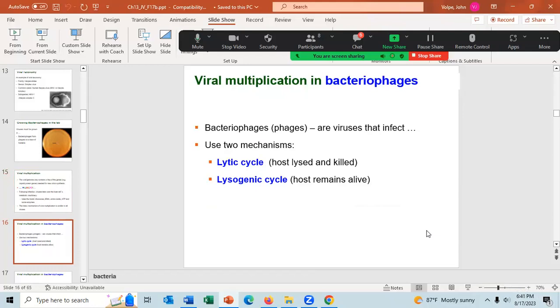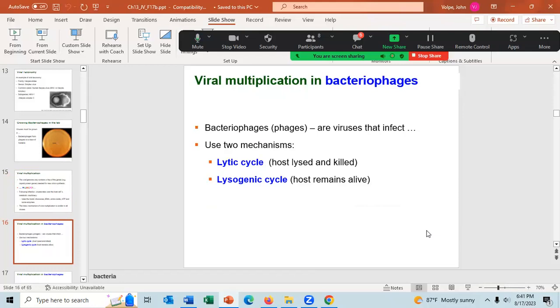In bacteria, bacteriophages can replicate in two life cycles, the lytic life cycle and the lysogenic life cycle. So bacteriophages only replicate in these two life cycles after they infect their host cell.